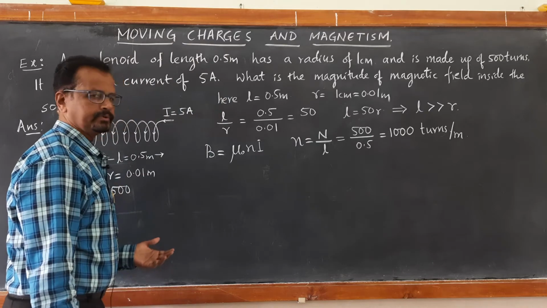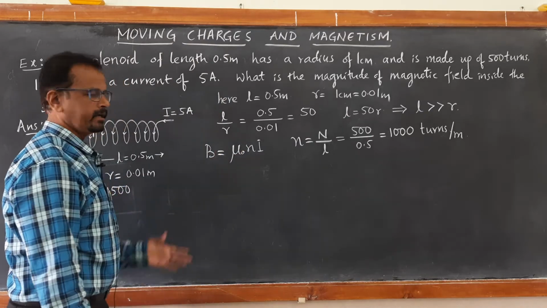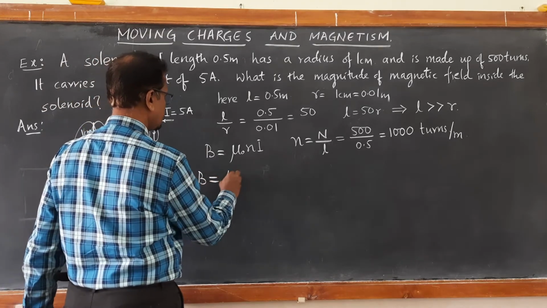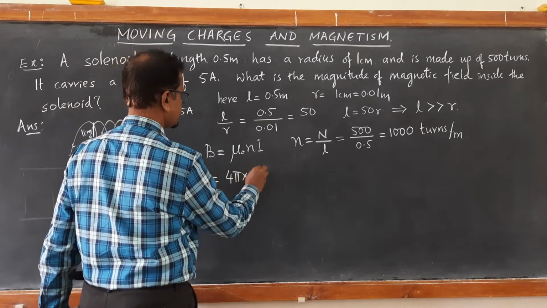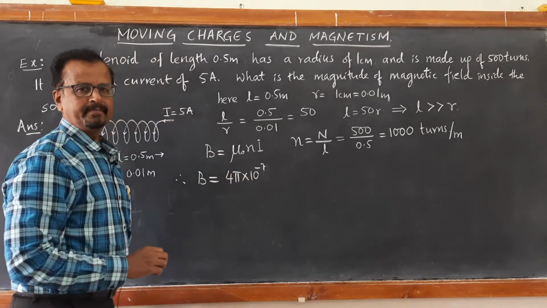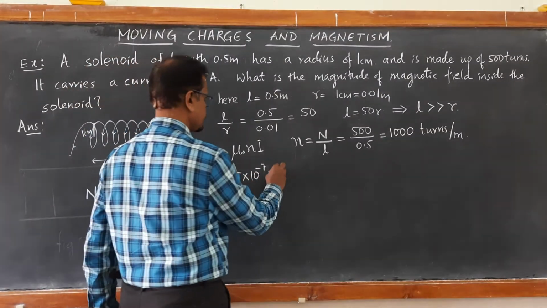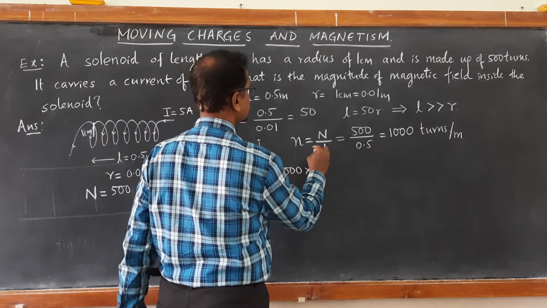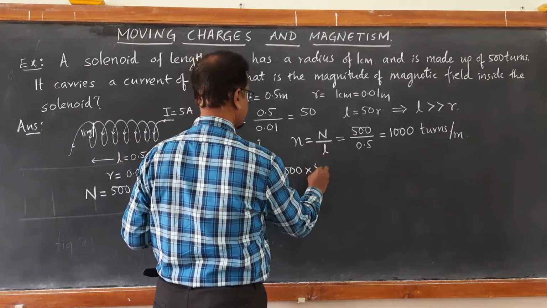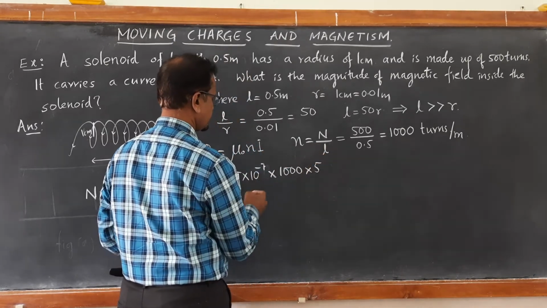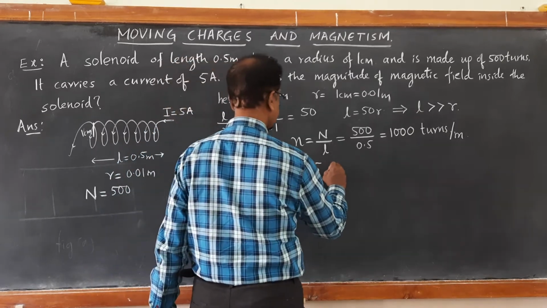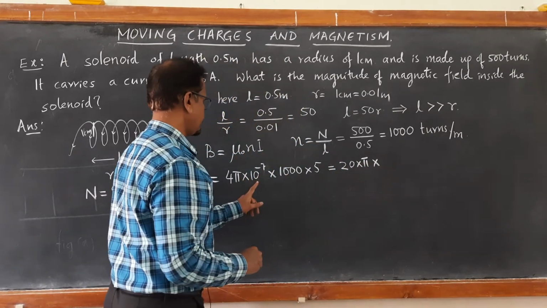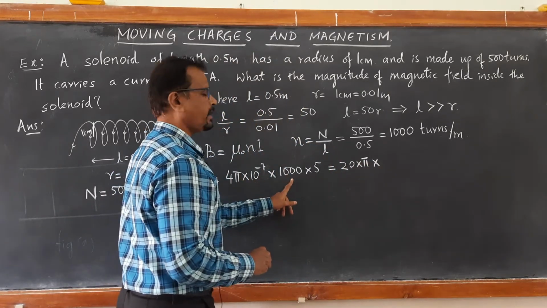Now, we can substitute the values of mu naught, n and I. Therefore, magnetic field B is equal to 4 pi into 10 raised to minus 7, the permeability of free space, into n, 1000, into the current, 5 ampere. 5 fours are 20, so 20 pi into 10 raised to minus 7 and 10 raised to 3.